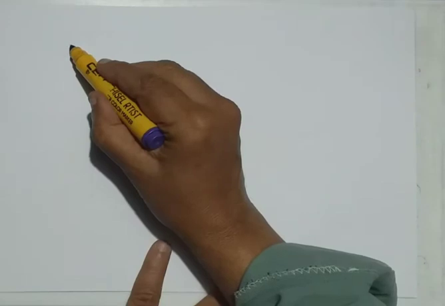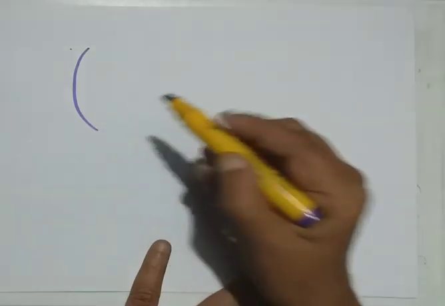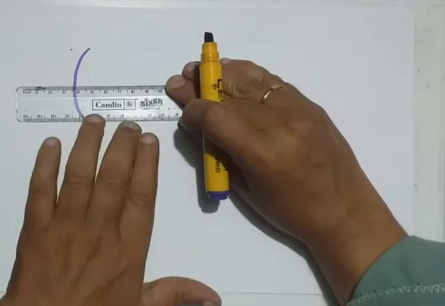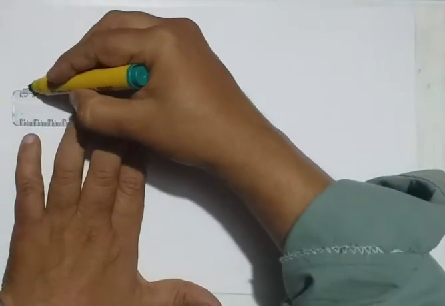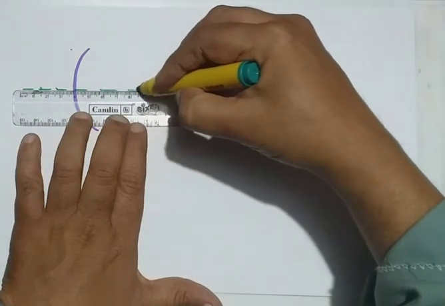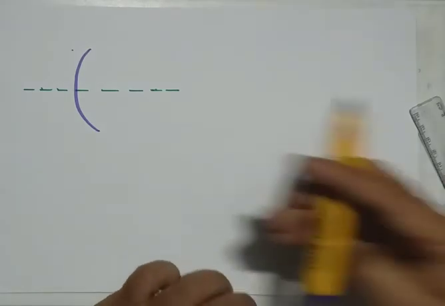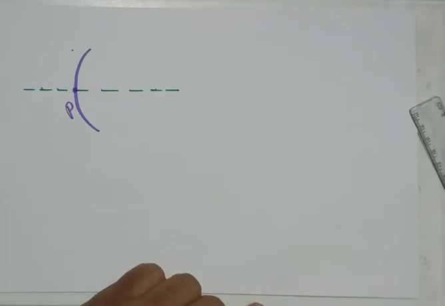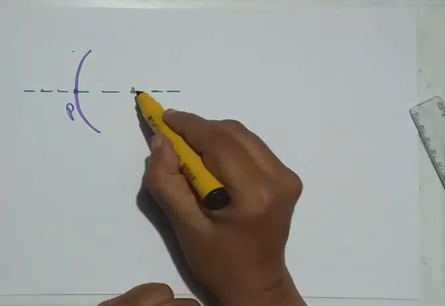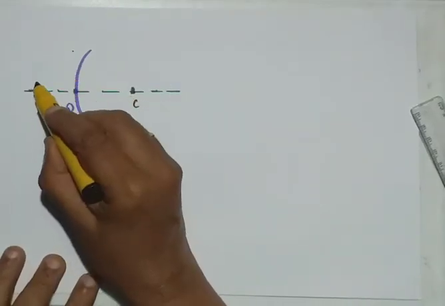I write the surface like this, and we draw the principal axis as we know from the mirror idea. Then this is the pole, this is the center of curvature, and we imagine an object here, O.